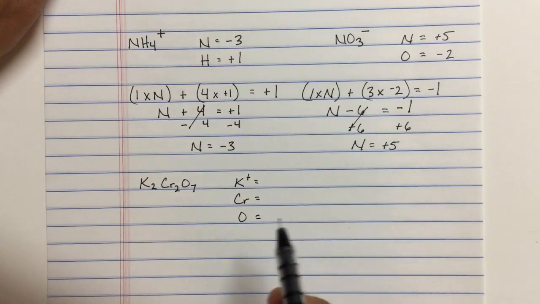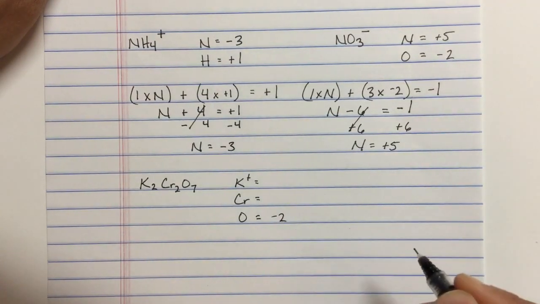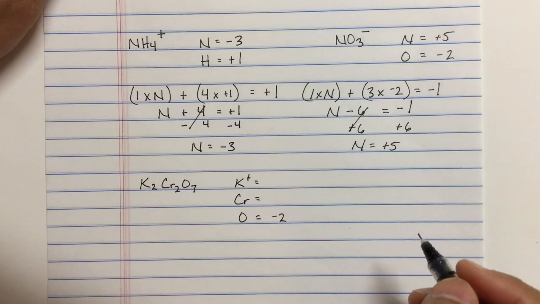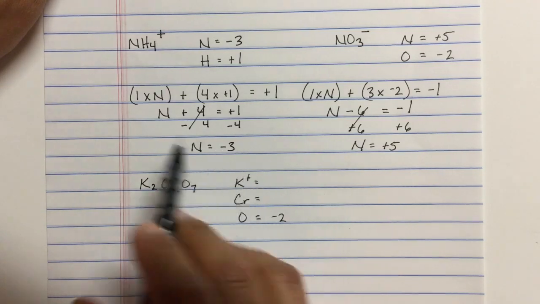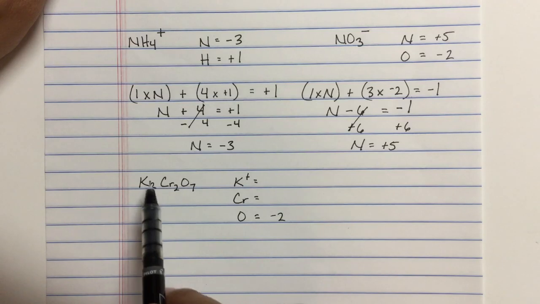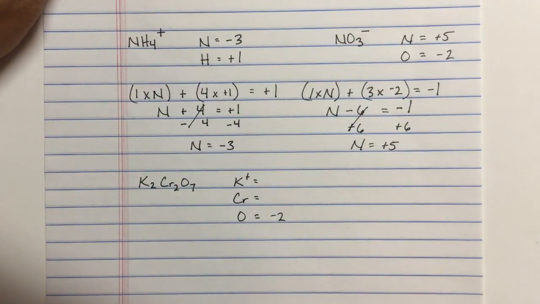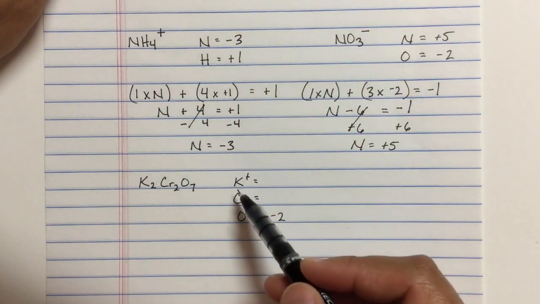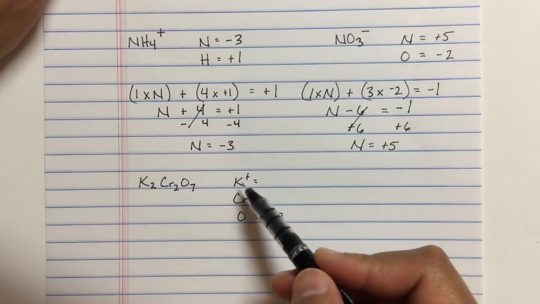There's a rule that says oxygen is a -2. And there's another rule that says monatomic ions. We haven't seen monatomic ions in our previous examples. Here we have a monatomic ion, which is that one atom that gains or loses electrons. In this case, potassium is an atom that loses one electron, so it becomes K+.